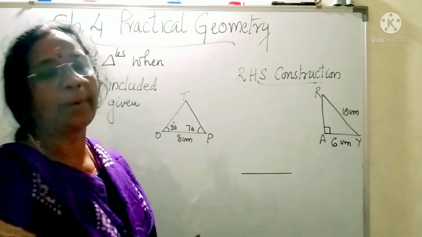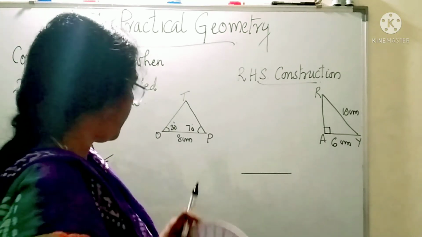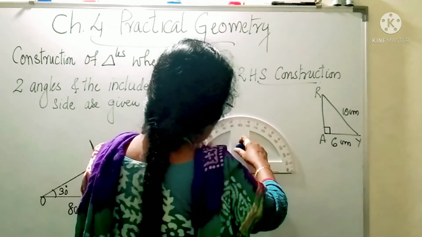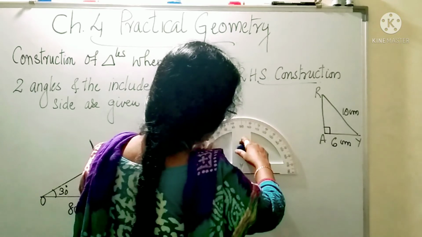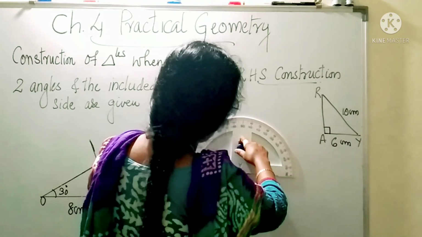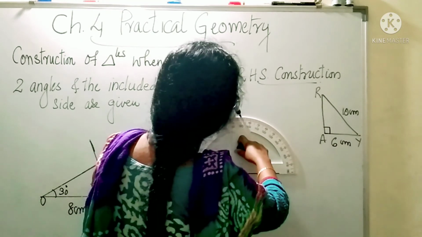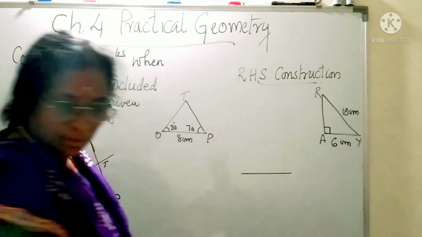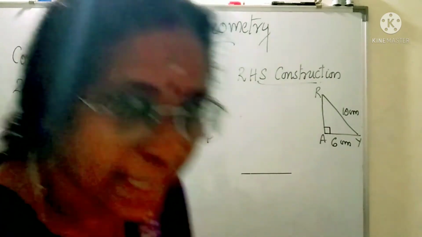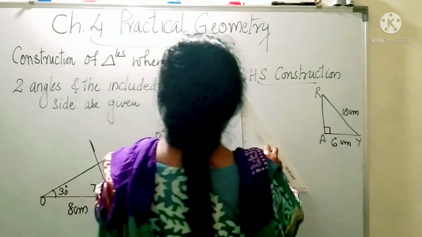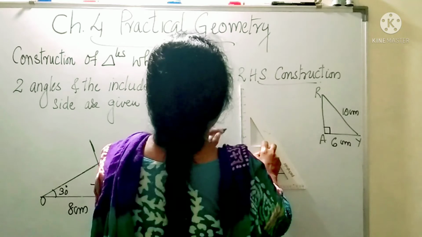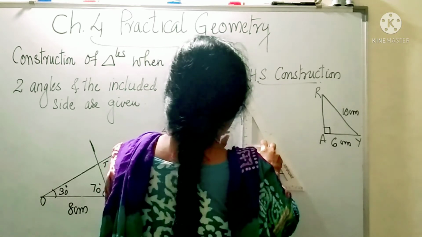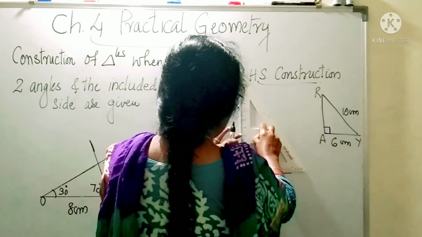There are two ways to make an angle of 90 degree. Using the protractor also you can make it. See here, mark the 90 degree angle, and then using the scale join that point. Actually, if you use the set square, you can directly draw.